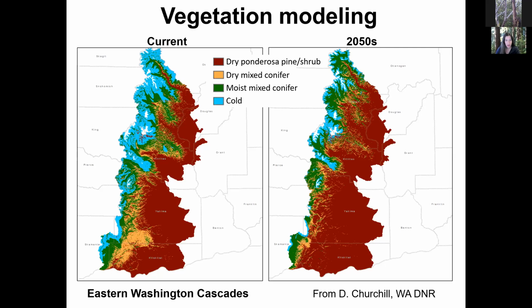We see dry mixed conifer kind of shrinking a little bit, but moving into areas that are currently moist mixed conifer. And we see the moist mixed conifer moving up into the cold forest locations. And overall, we see a contraction of the cold forests. So we see in general expansion of those drier types, and that these vegetation types are kind of moving up in elevation with climate changes.